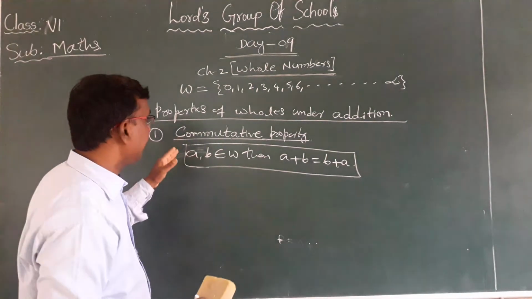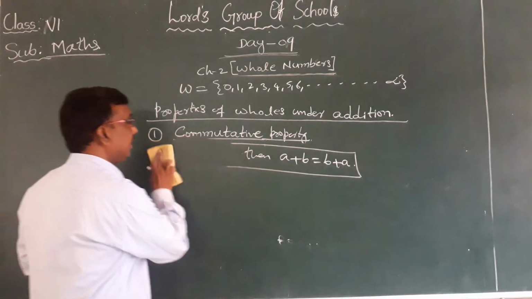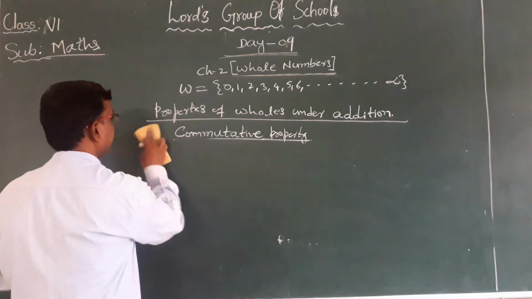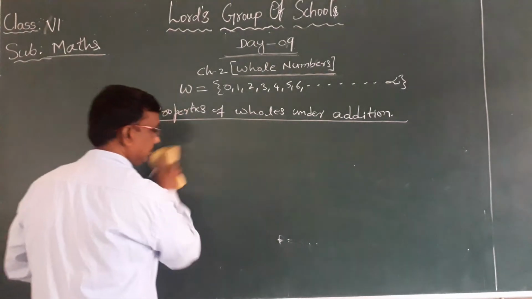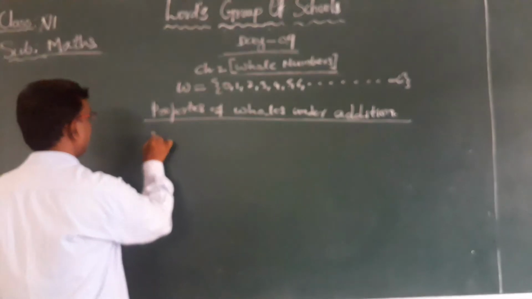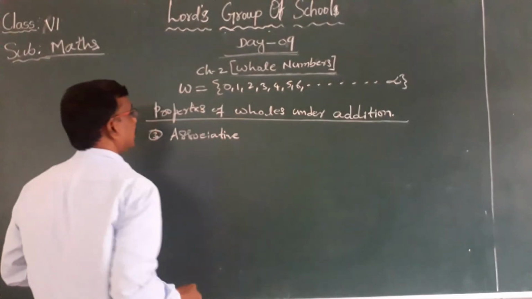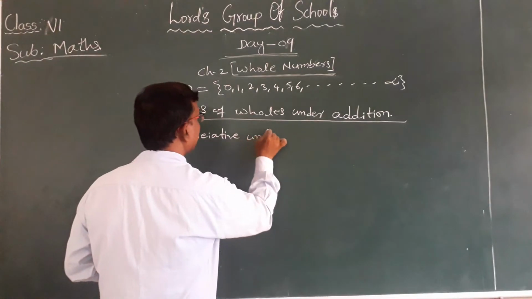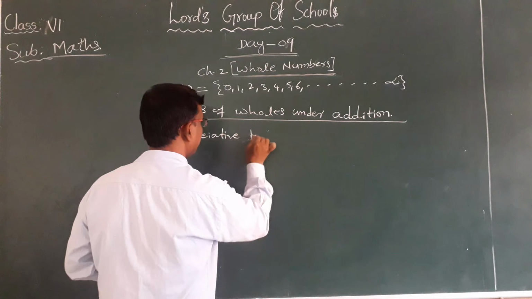So the next one is associative property under addition.